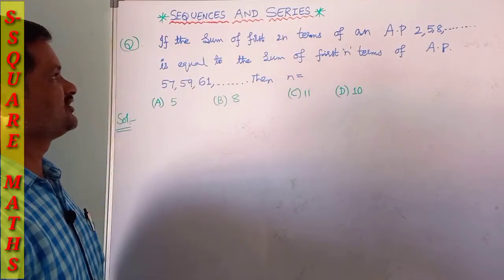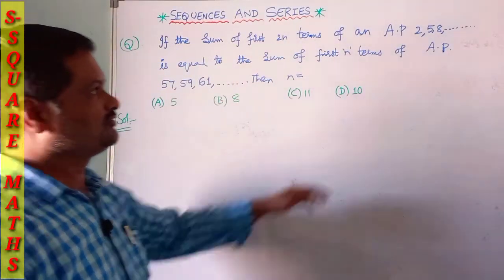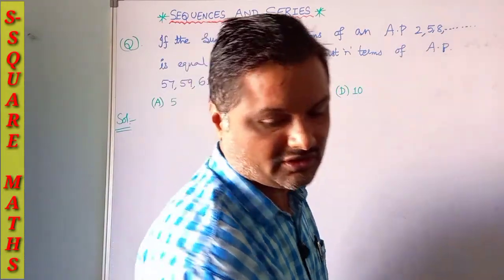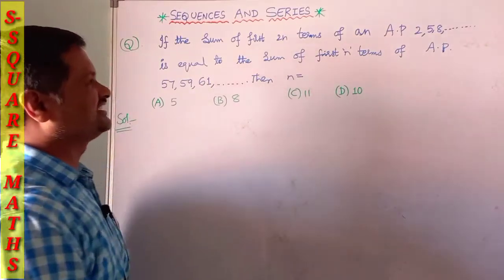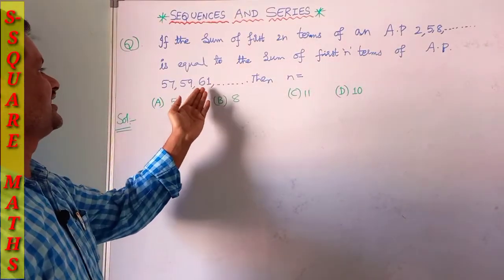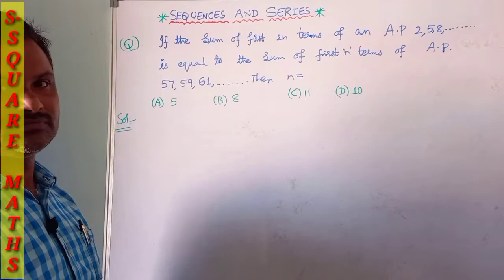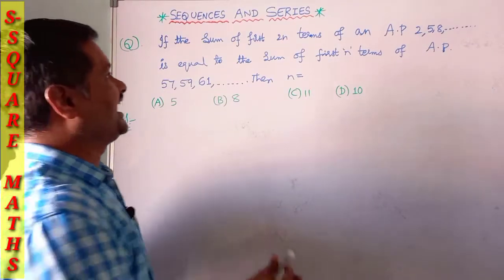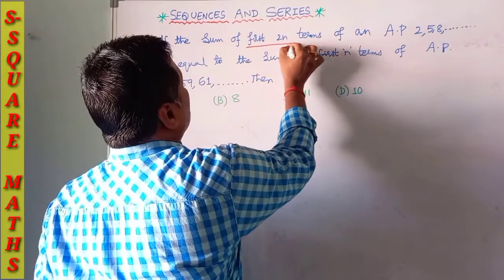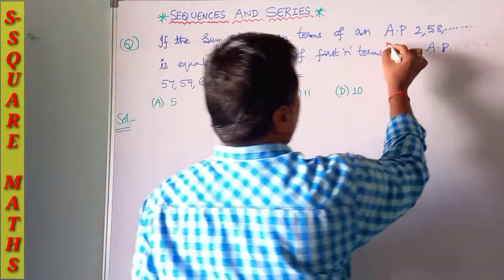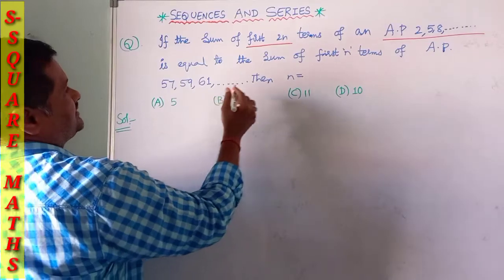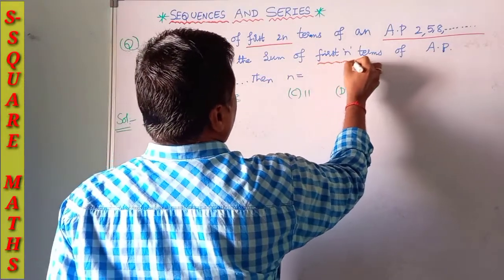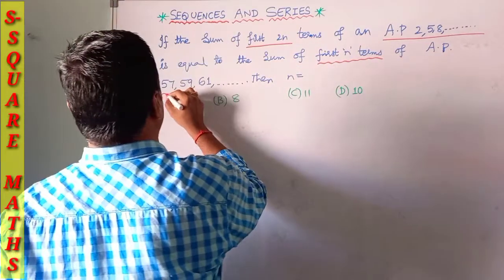The sum of first 2n terms of an AP 2, 5, 8 and so on is equal to the sum of first n terms of the AP 57, 59, 61 and so on. Then n is equal to? So they have given the sum of first 2n terms of an AP and the sum of first n terms of another AP.